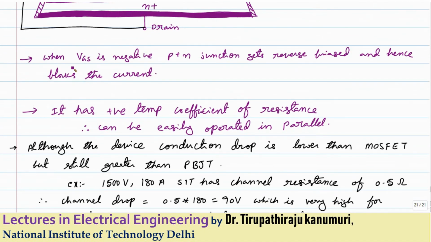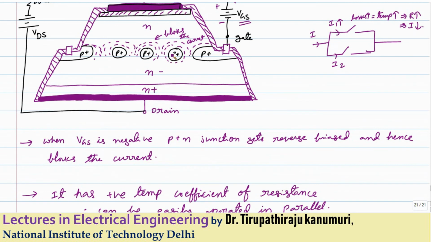When VGS is negative, the P plus N junction gets reverse biased and hence it is blocking. So two differences are there. For the gate, the source is taken as a reference, and it is a normally on device, and when you apply a negative voltage to the gate, it will block the passage of the current. Here you can see the passage is blocked.